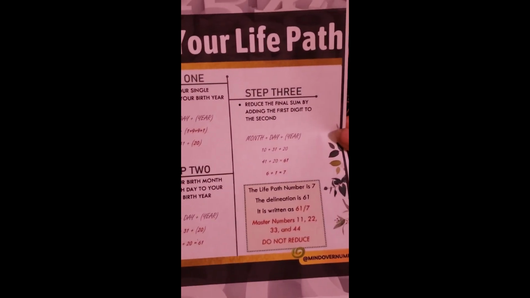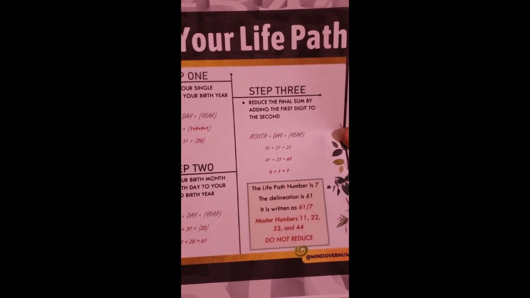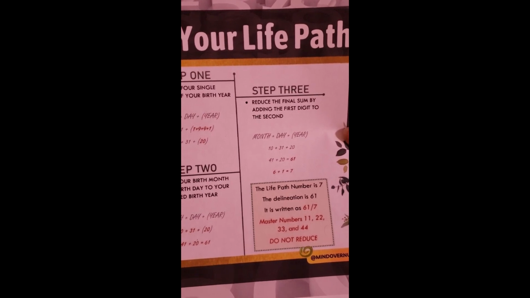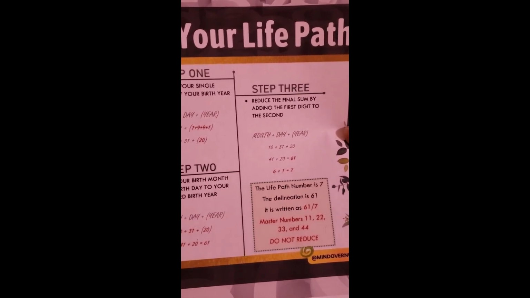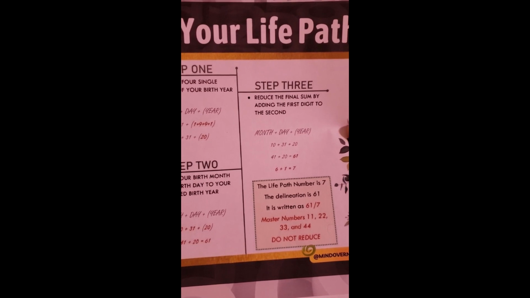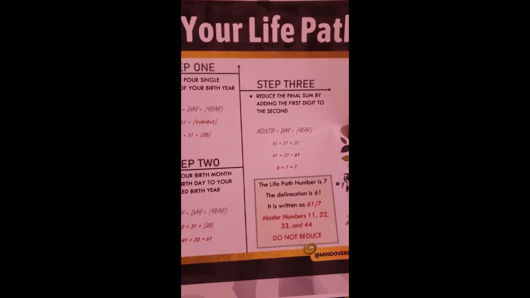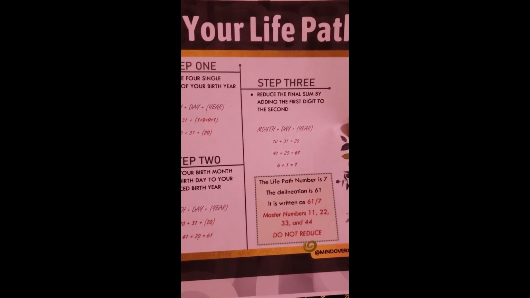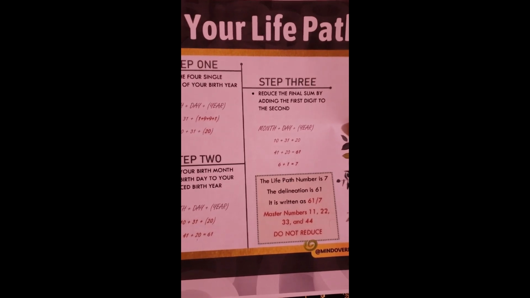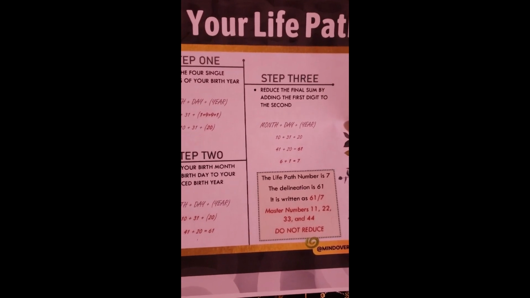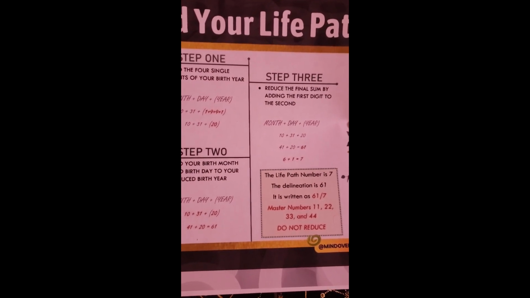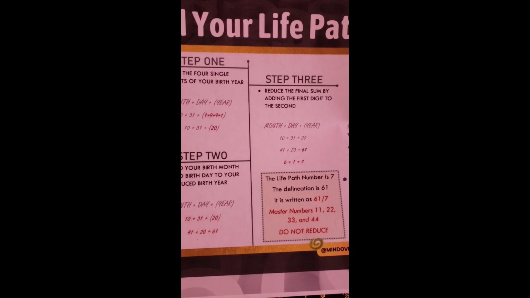And then the final step, step 3, we reduce that final sum by adding the first digit to the second. After we add 41 plus 20, we get 61. 6 plus 1 equals 7. And that makes the life path number 61/7. Now, the number is written as 61 because 61 is the delineation number.